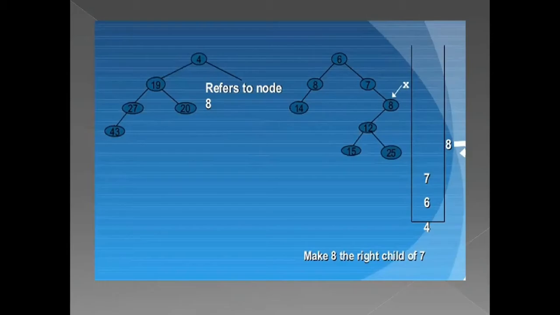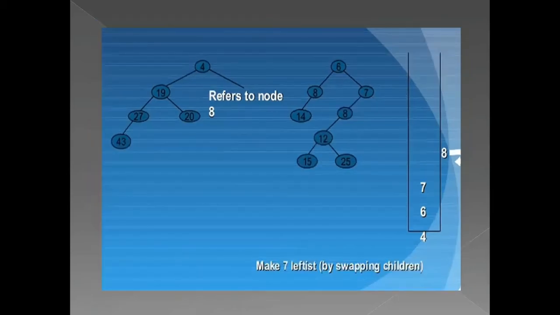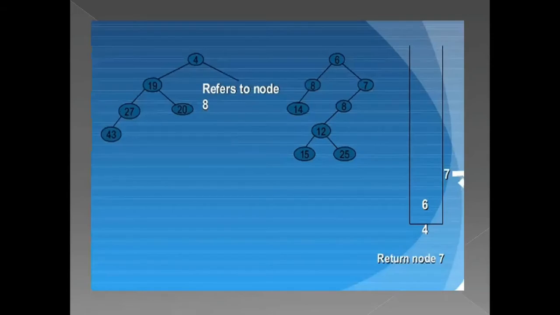So we have to swap both the children of the seventh node. By doing that, we will get this. After that, we will return node 7, because our work with node 8 is over.